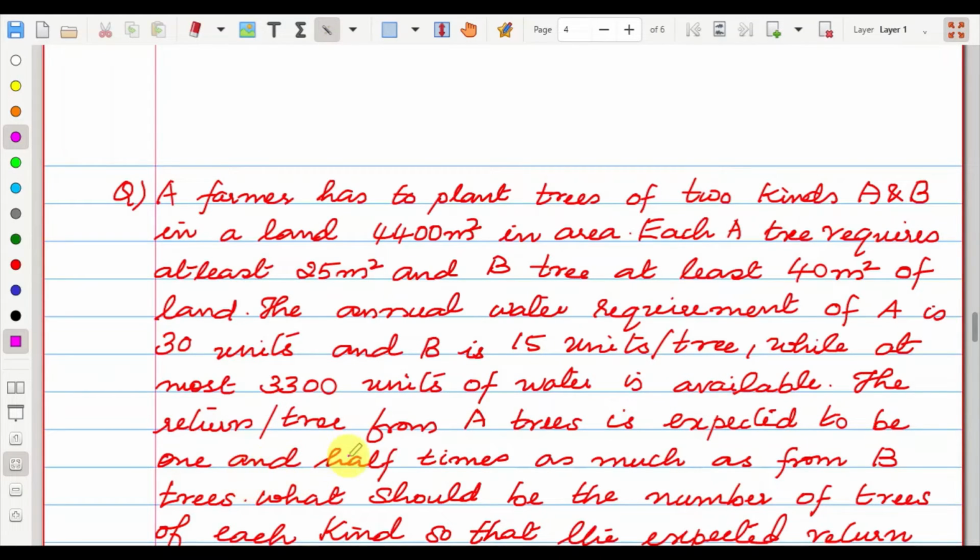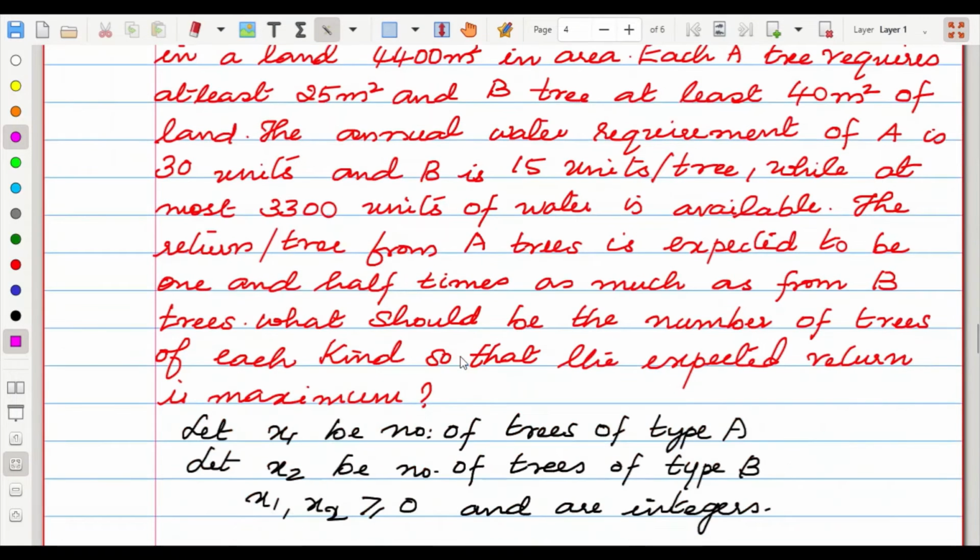The return per tree from A trees is expected to be 1.5 times as much as from B trees. What should be the number of trees of each kind so that the expected return is maximum?